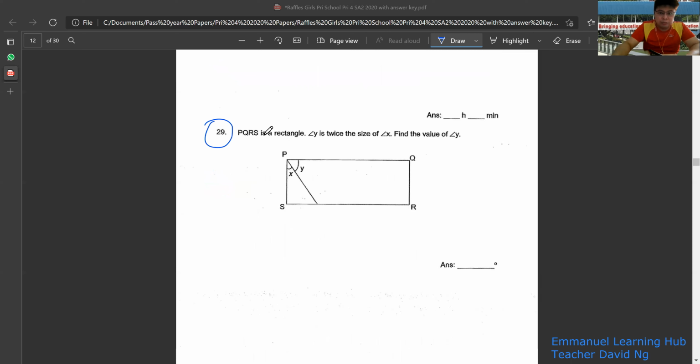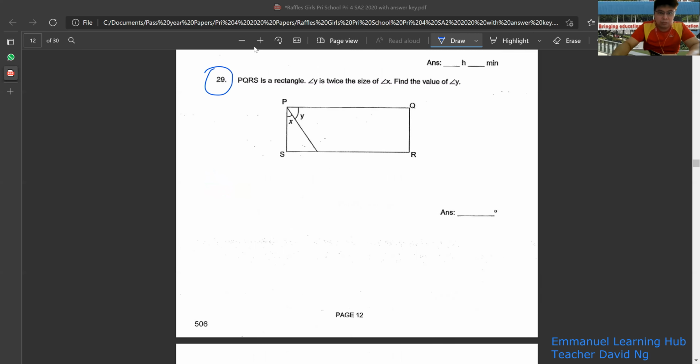Okay, 29. PQRS is a rectangle. Angle Y is twice the size of angle X. Find angle Y. Do you agree angle Y equals 2x?